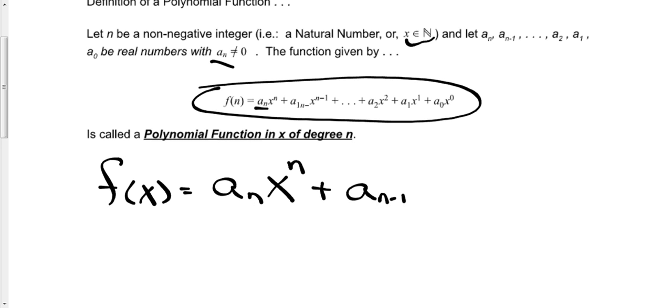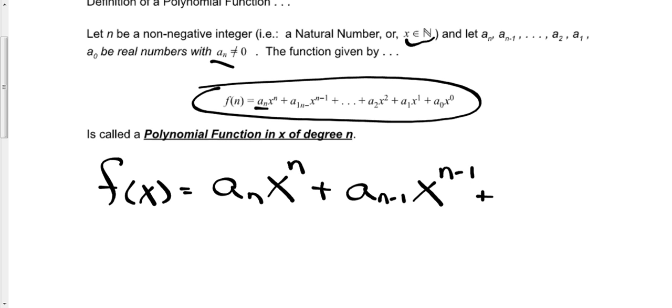And then that's being multiplied by x to the n minus 1 power. So if n equals 5, what would this one be? That would be the 4th power, right?